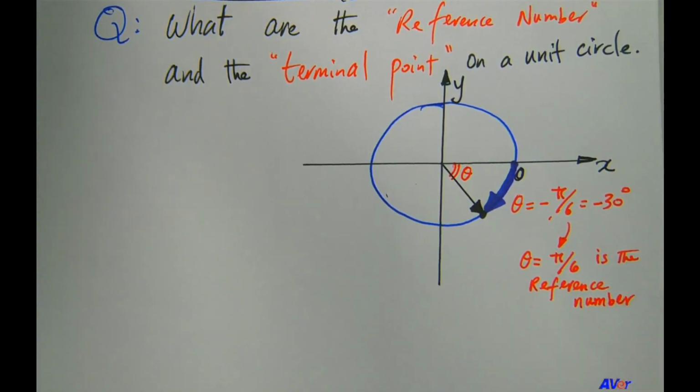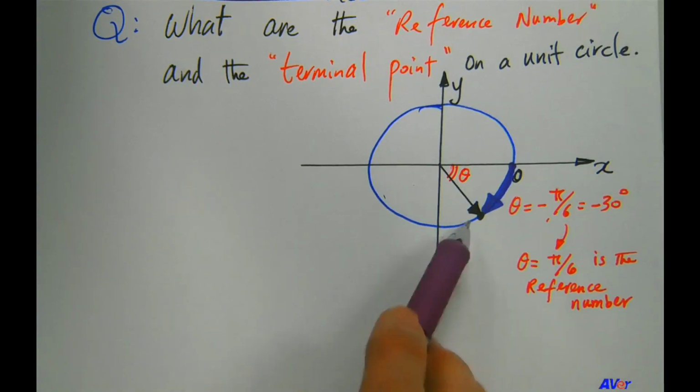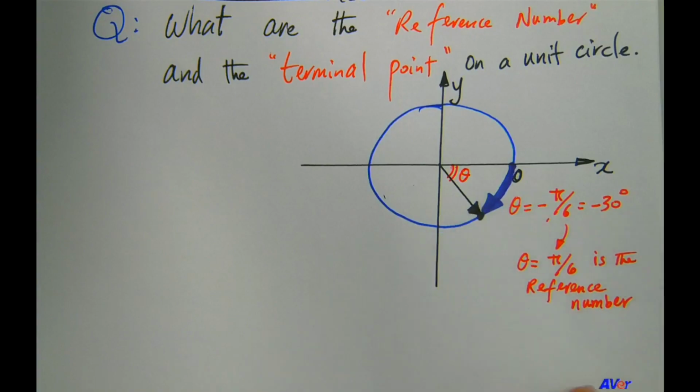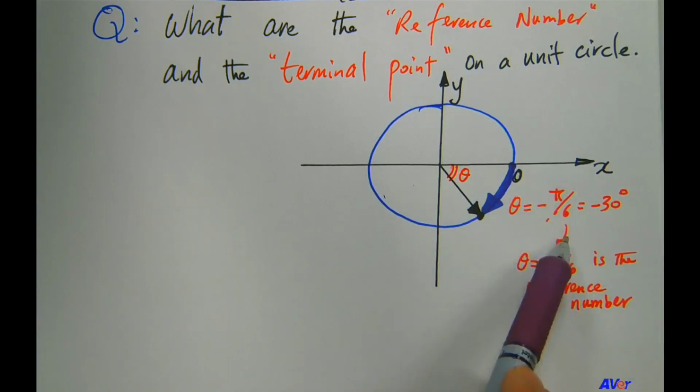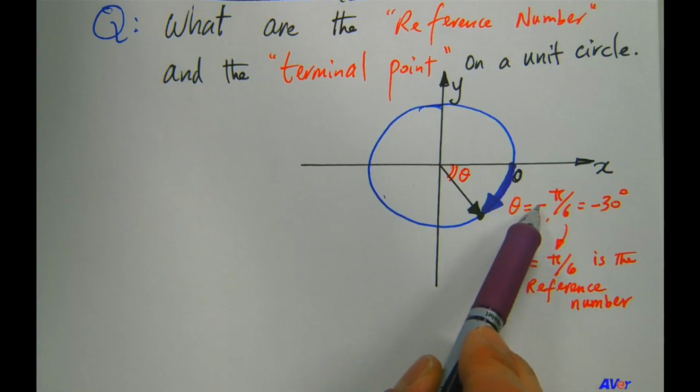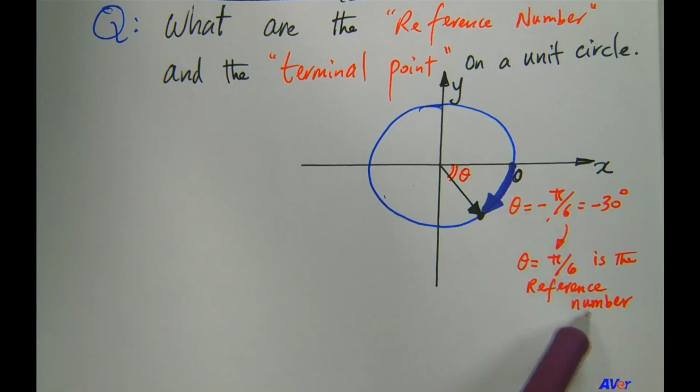A lot of times I refer to it as reference number or reference angle. And it's got many uses, as you'll see in the coming lectures, in finding the coordinates of the endpoints and such. So the angle, the pure angle itself, without the negative, is the reference number.